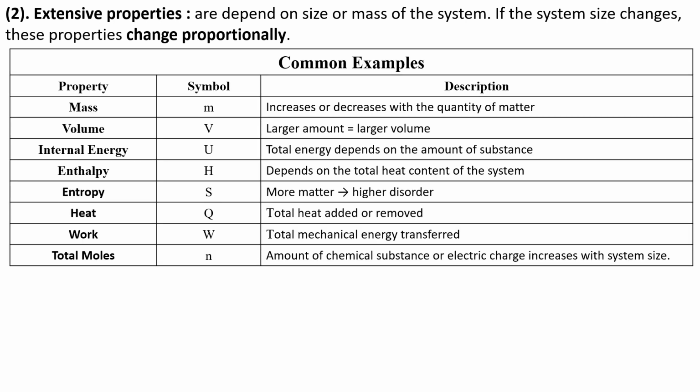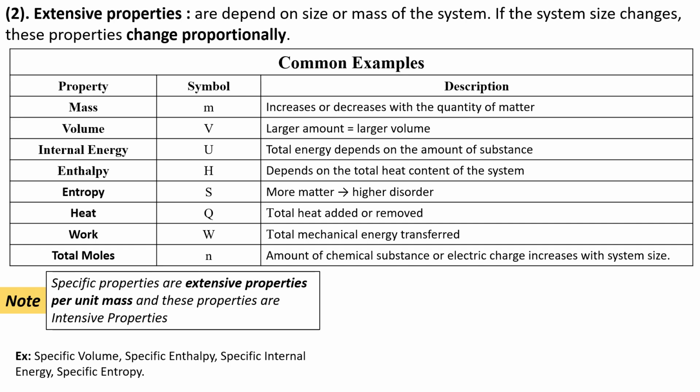Let's see some common examples of extensive properties. First are mass and volume, internal energy, enthalpy, entropy, heat, work and total moles. All of these properties are dependent on the mass and size of the system.